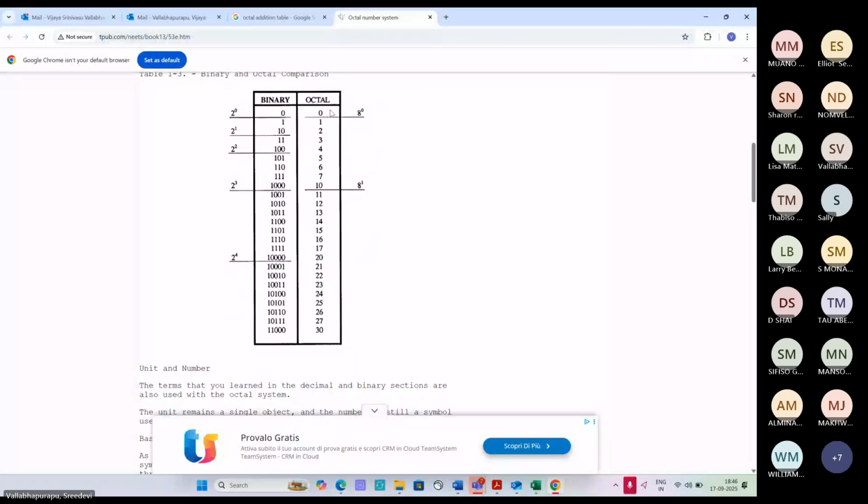See, when it's 10 is again here. When you say 8, it will be 10. When you say 9, it will be 11 in octal. Can you see, Larry? Yes. So until 7, the digits remain the same.